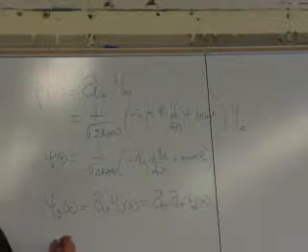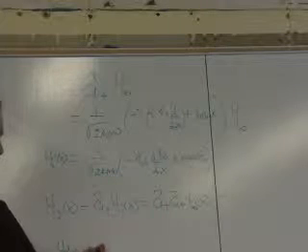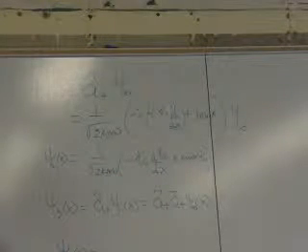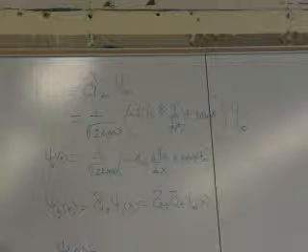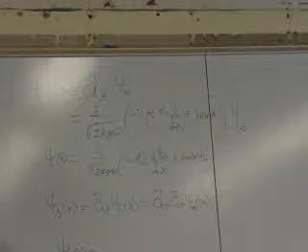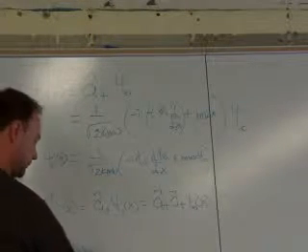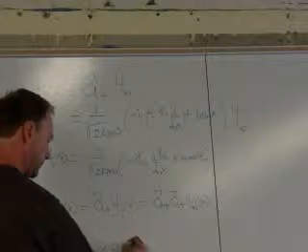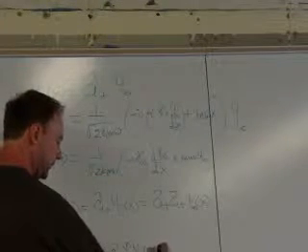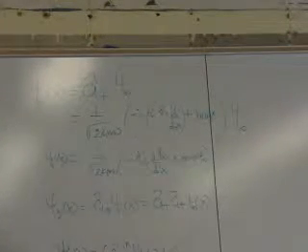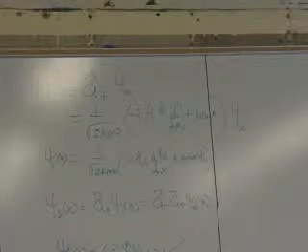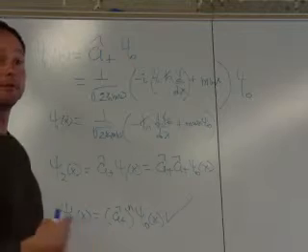Or in general, ψₙ of x equals a₊ to the n times ψ₀ of x. That's it.